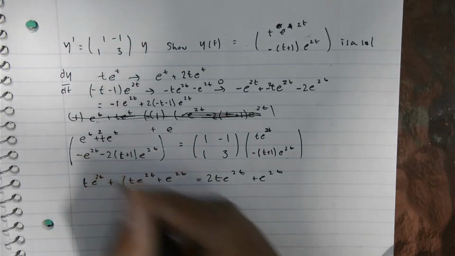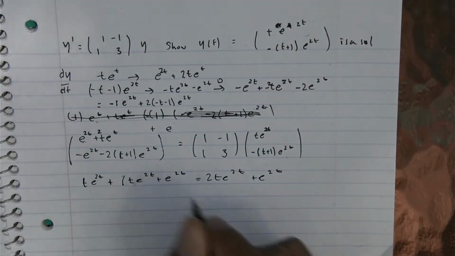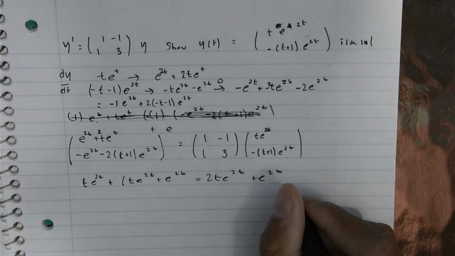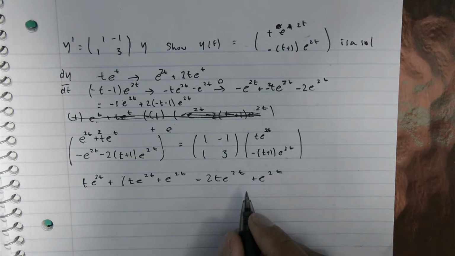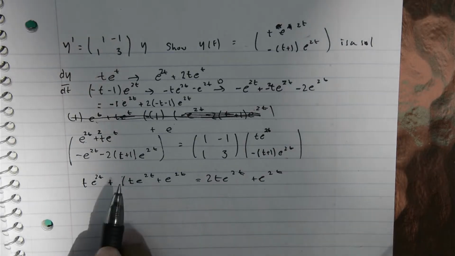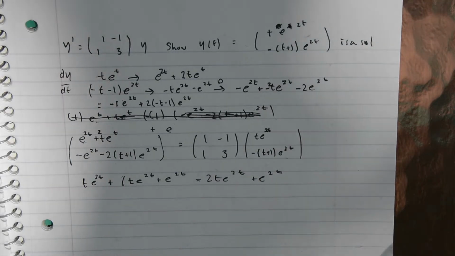This is also going to be a 2. This is going to be a 2. All right, so that's correct. So that's good. So then the second one, it's just more algebra. Whatever, let's just move on.